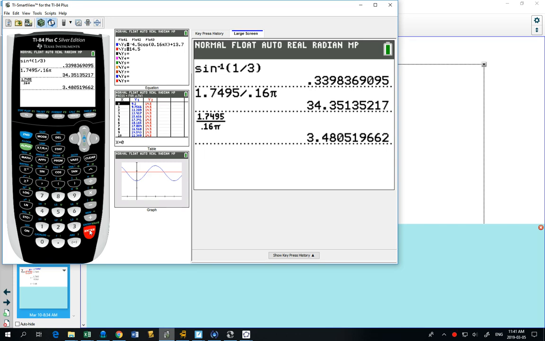Or, if you don't have that fraction button, whenever you're dividing by more than one thing, it would need to be in brackets. So if I had brackets in my denominator, I would have gotten the right answer. So these are important things to do because you don't want to lose marks on a test just because you typed something wrong into your calculator. So knowing how to use our calculator is important.